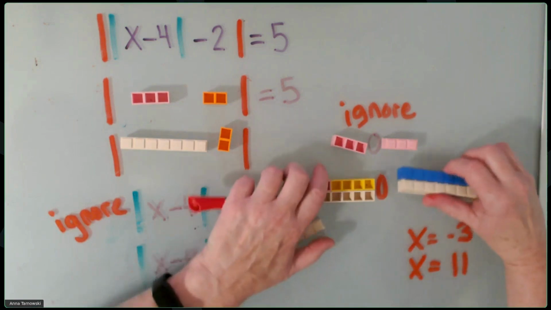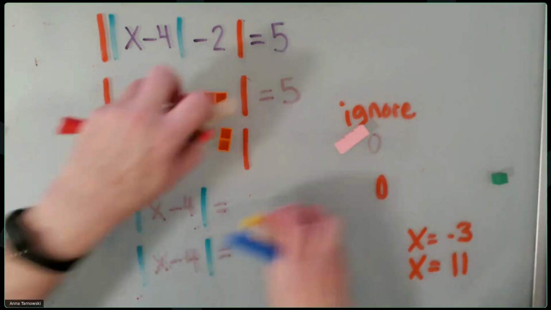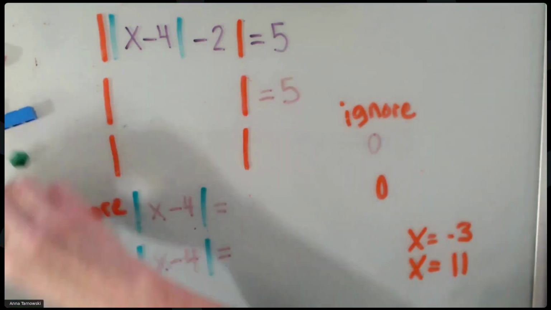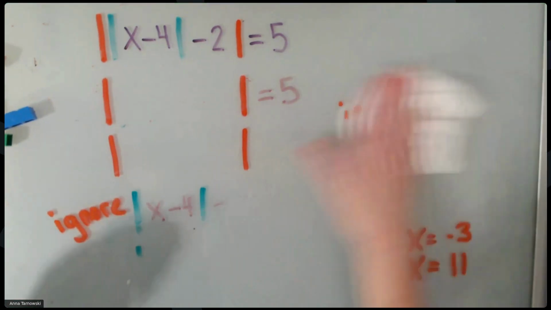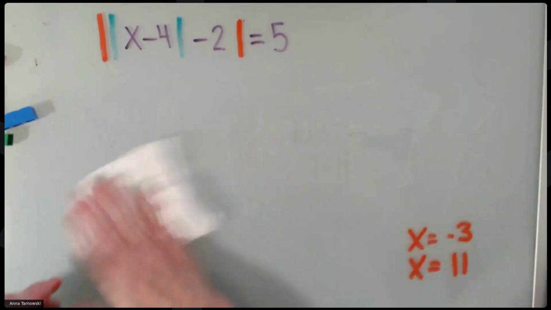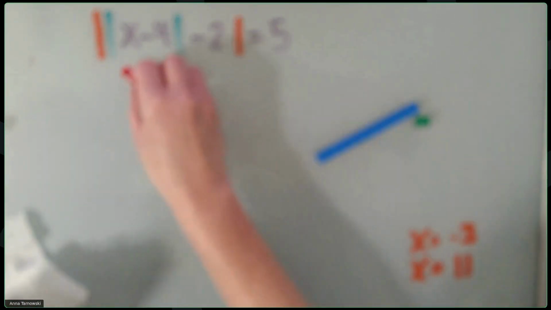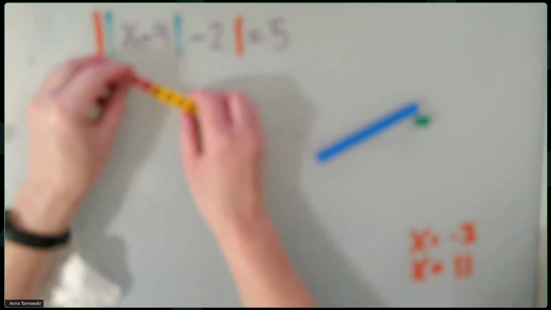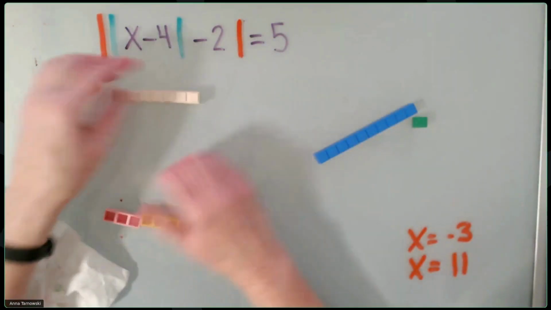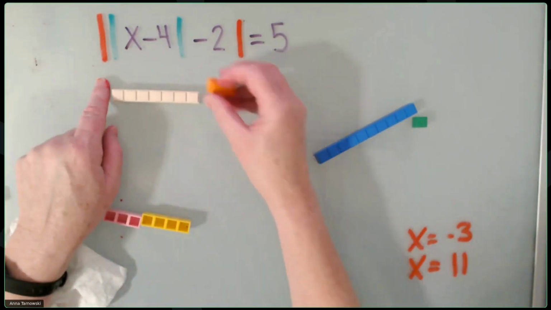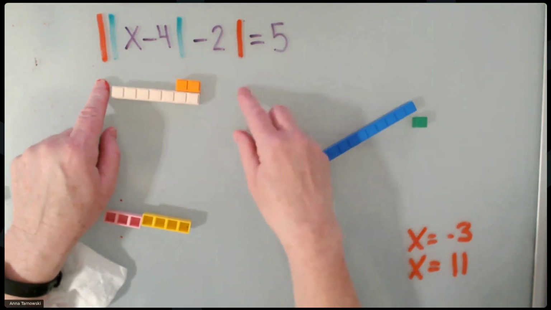Okay, so if I take all of this and get rid of it, and I know that my x is negative 3 or 11, right? Well, let's just do the negative 3 first. The absolute value of negative 3 and negative 4 is 7, right? The absolute value of 7 and negative 2 is 5.